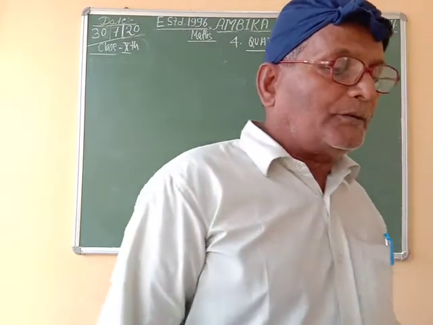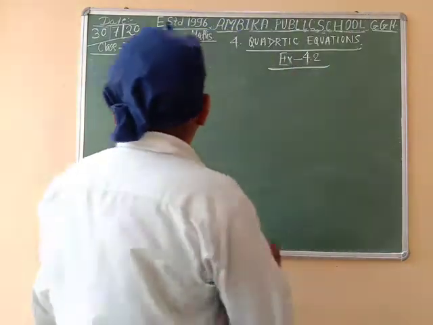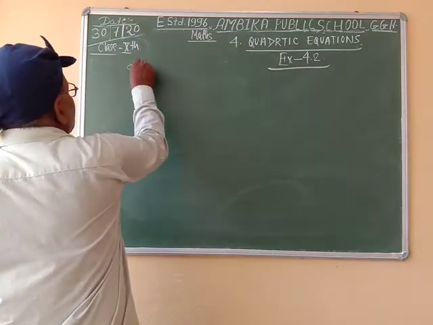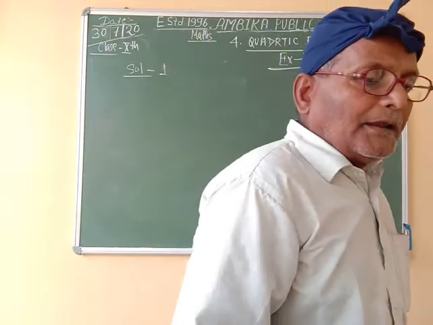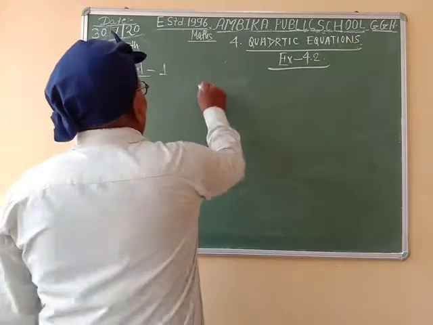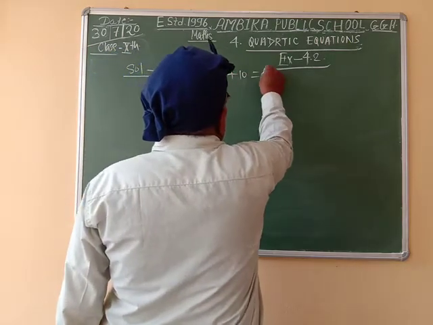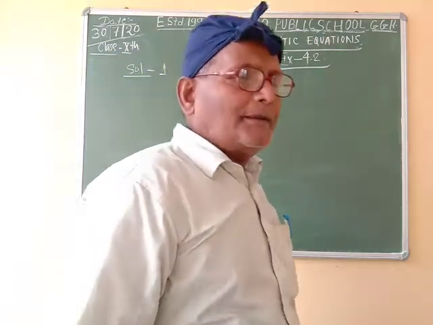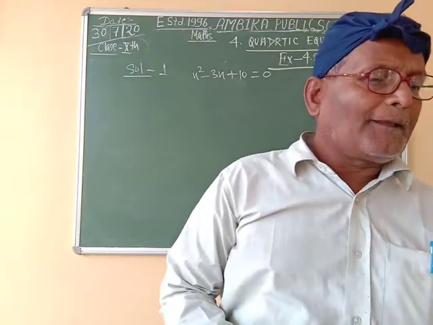So the first question of this exercise is x square minus 3x plus 10 is equal to 0. We have to find the roots of the quadratic equation by factorization method.